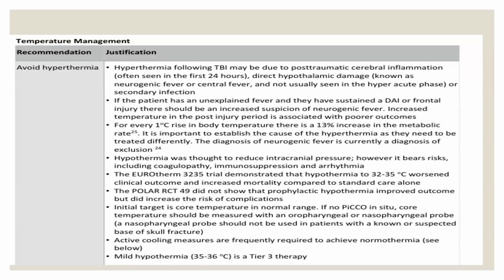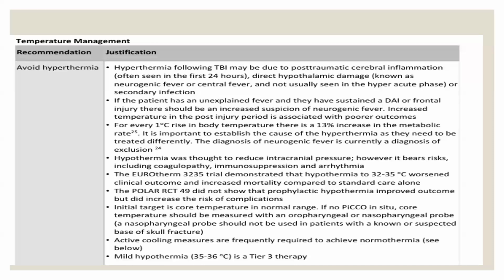The POLAR trial did not show that prophylactic hypothermia improved outcome, but did increase the risk of complications. So the initial target is a core temperature in the normal range. Core temperature should be measured with an oropharyngeal or nasopharyngeal probe, and active cooling measures are frequently required to achieve the norm.